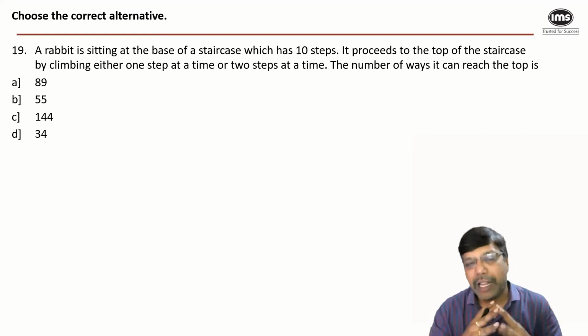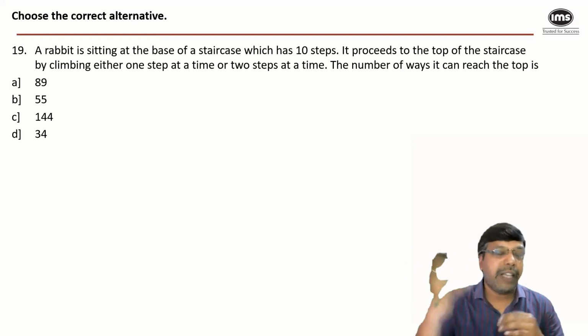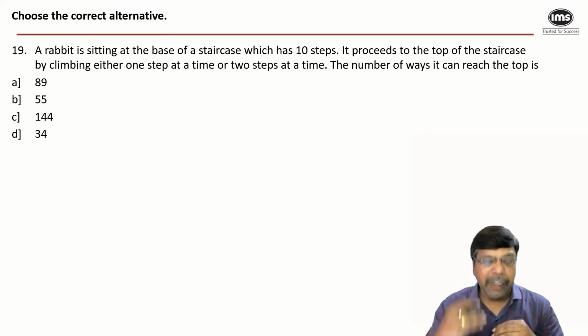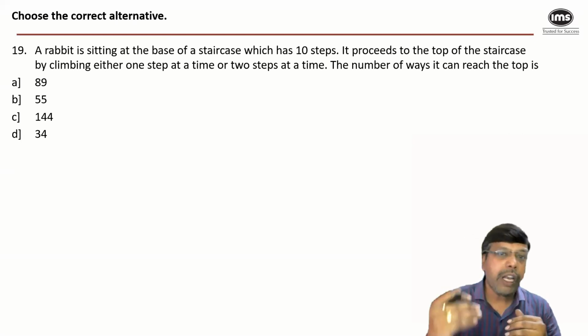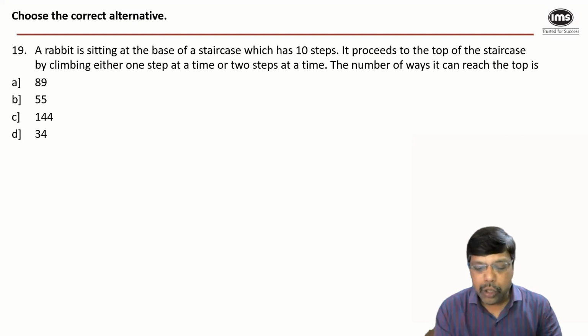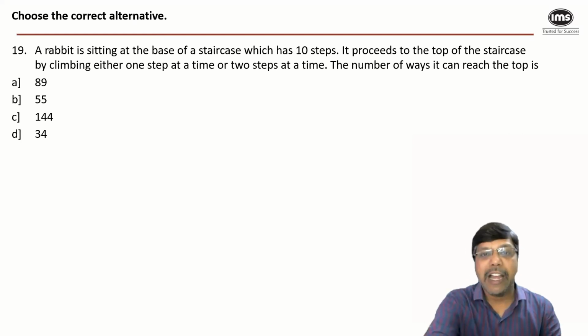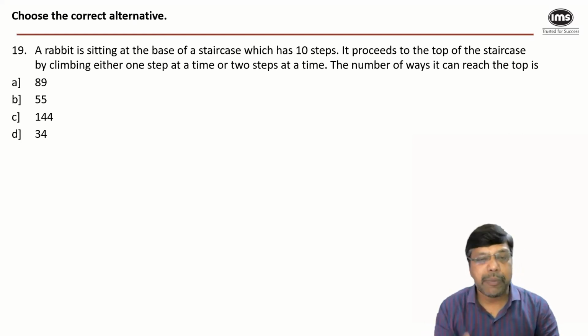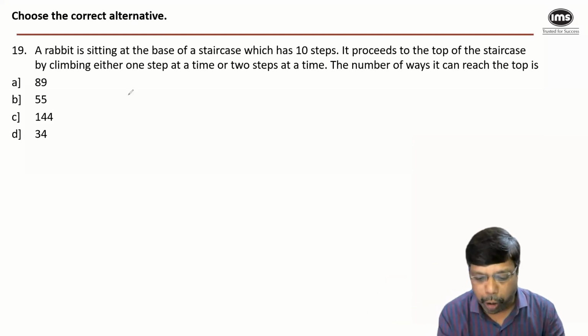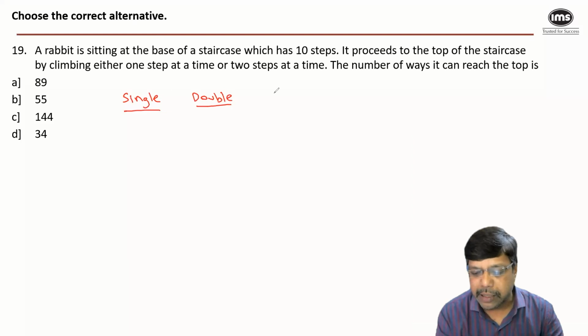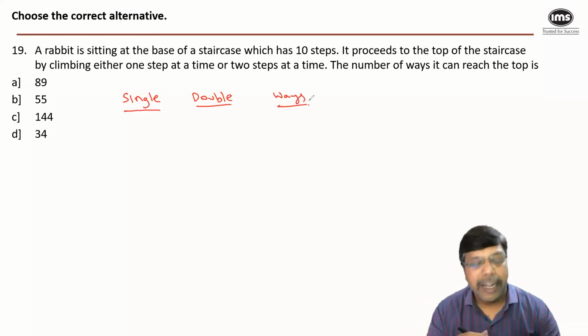Now, suppose I am the rabbit. I want to climb 10 steps, and every time I move, I can make it a single step or a double step. So let me try to understand how many single and double steps are required for me to go to the top: how many single steps and how many double steps, and the number of ways that I can do that.